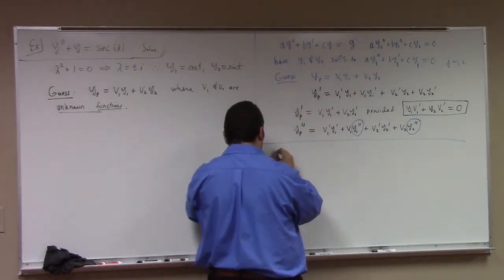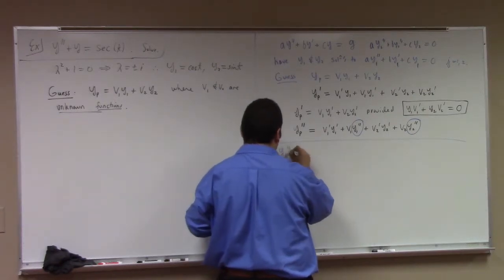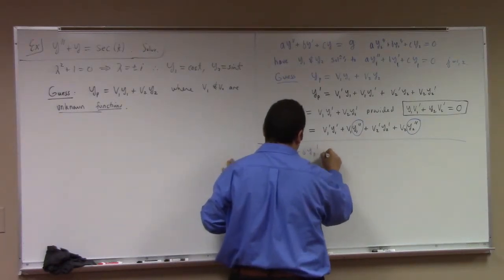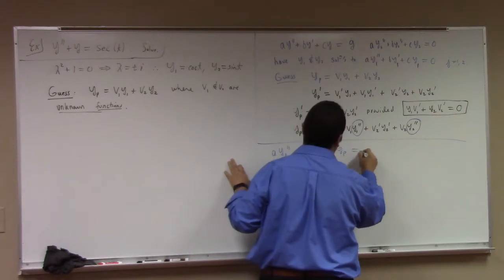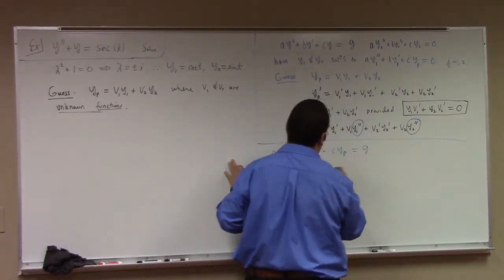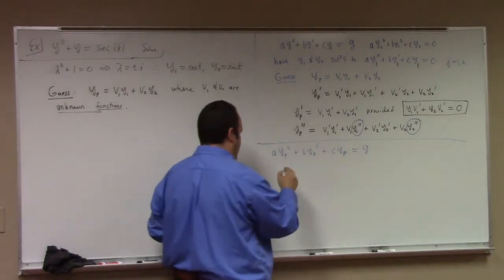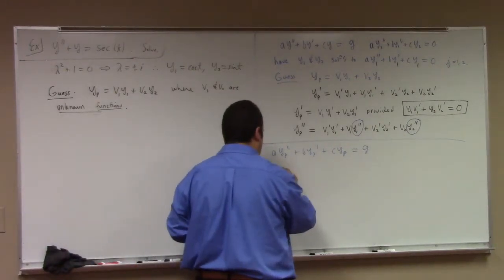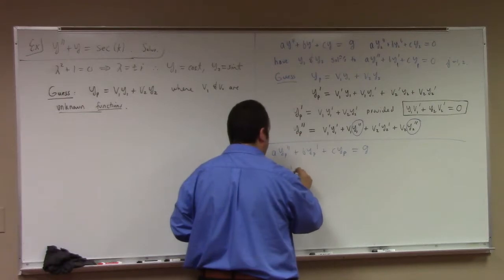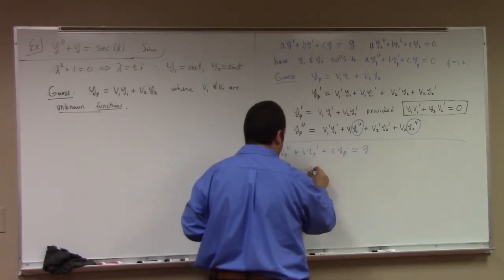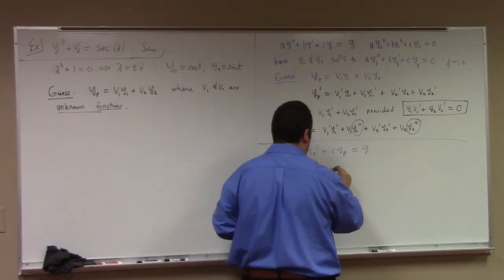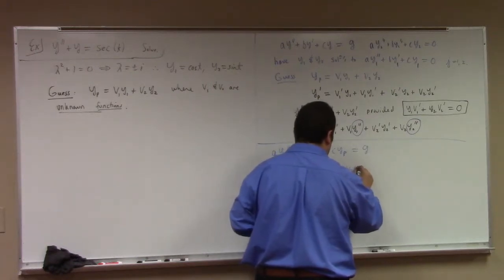So in particular, we have A Yp prime prime plus B Yp prime plus C Yp equals G. So we're just going to plug in what we've learned Yp prime prime is, right? So that's going to be A times V1 prime Y1 prime plus V1 Y1 prime prime plus V2 prime Y2 prime plus V2 Y2 prime prime.